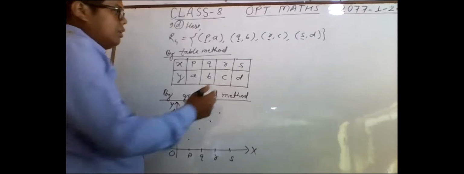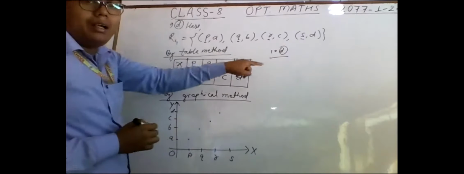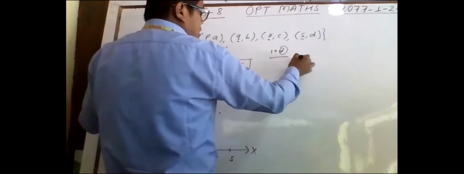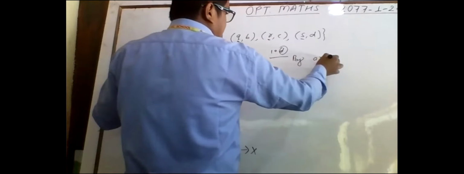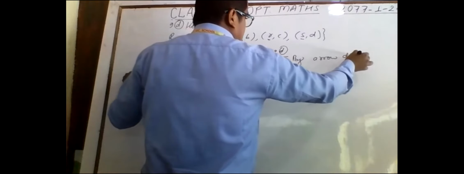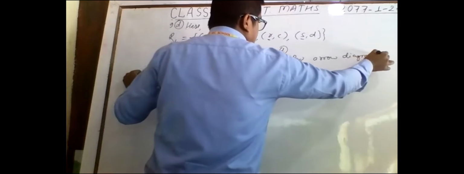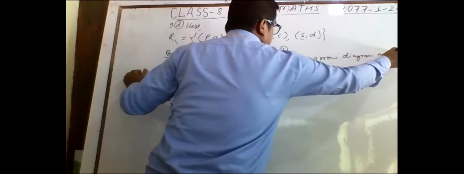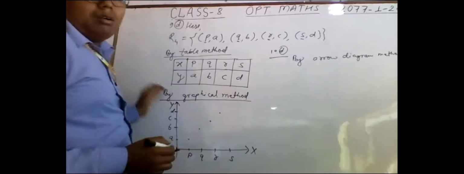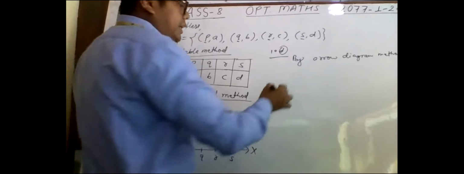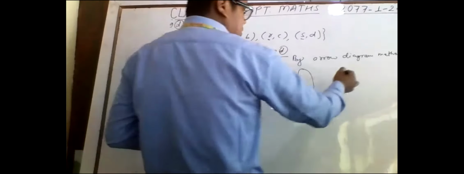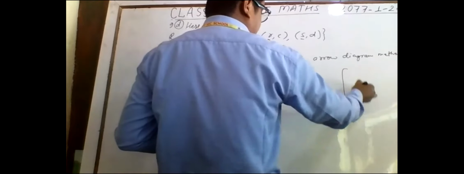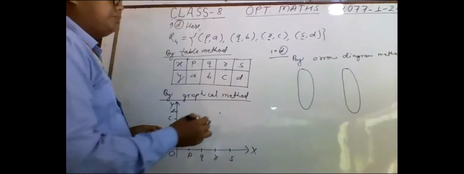And similarly, the 10D number. On the basis of 9D, we can do 10D also by arrow diagram method, or by mapping diagram also you can say. For that we have to make two different sets. First set, second set.